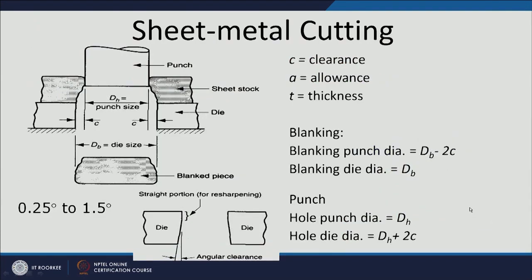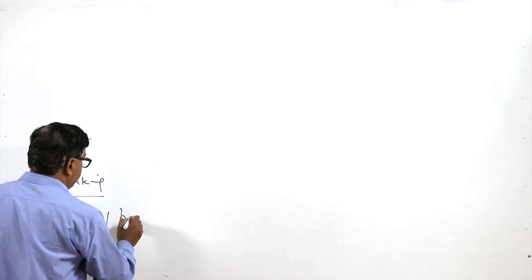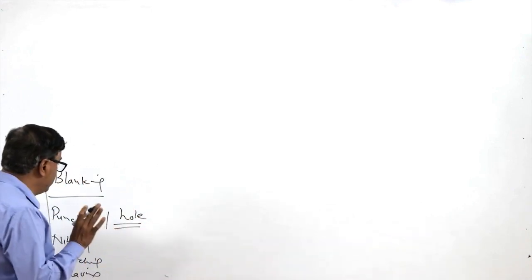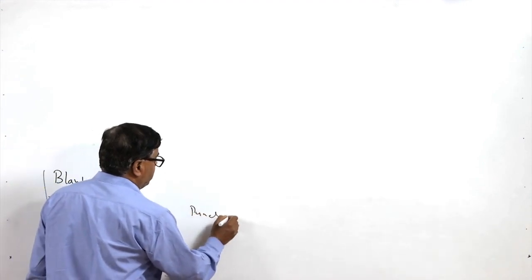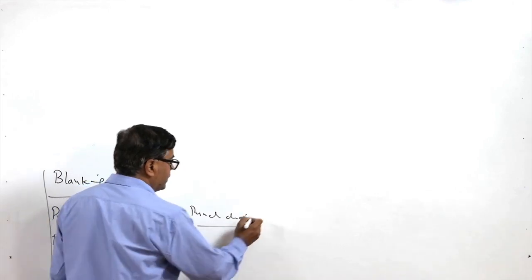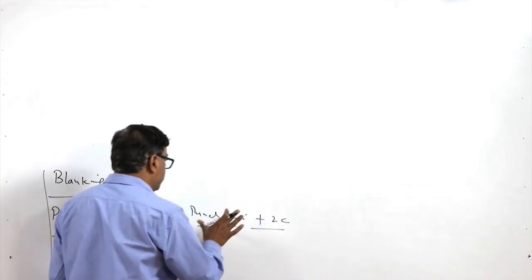Since punching and blanking are both performed using shearing, there is a difference in which factor will be governing the size of the blank and which factor will be affecting the size of the hole. If the objective is to have the hole through punching, then it is the punch diameter which is controlled, and then clearance is given additionally over and above.